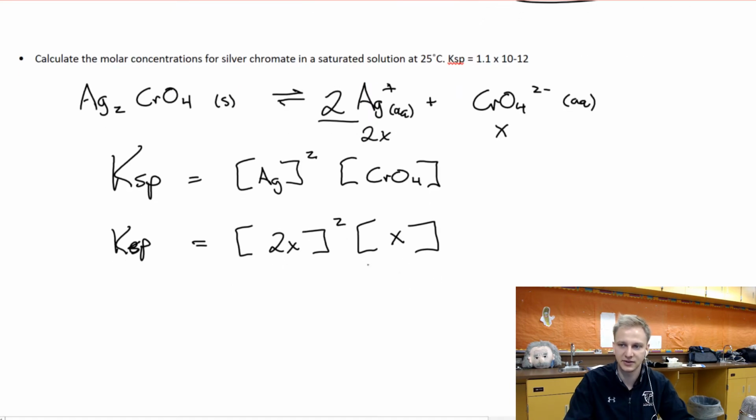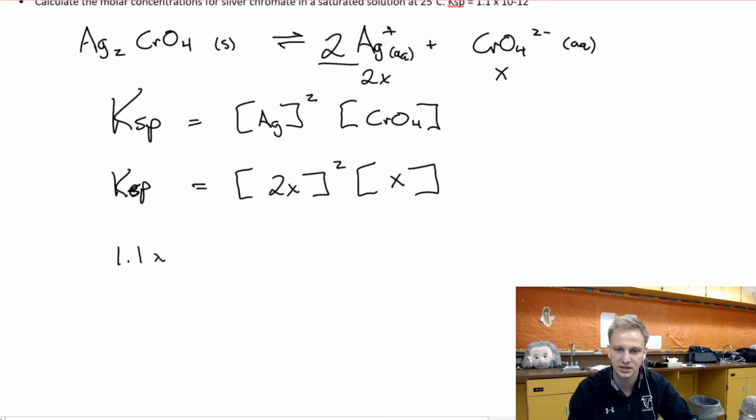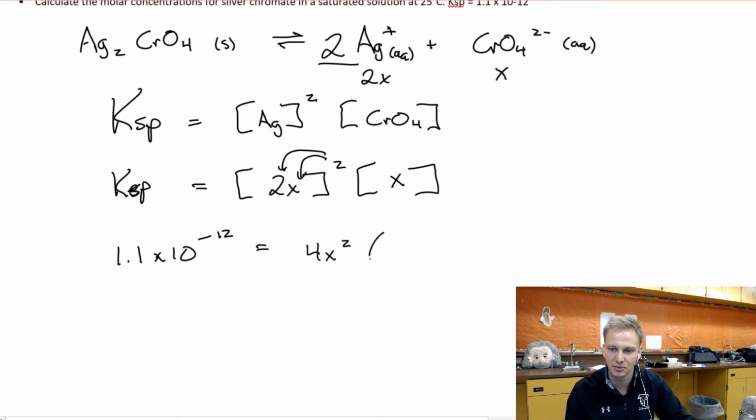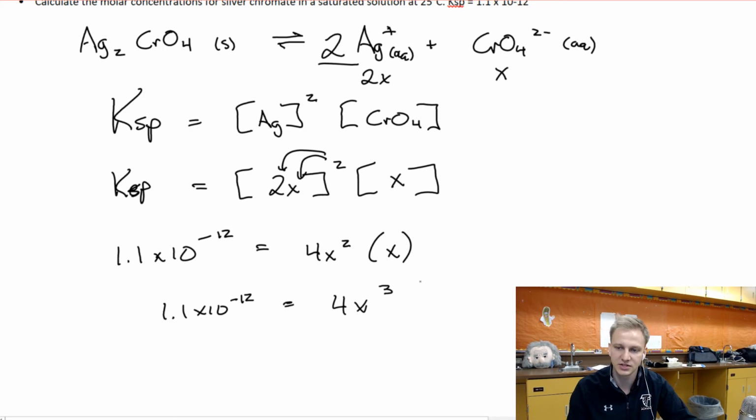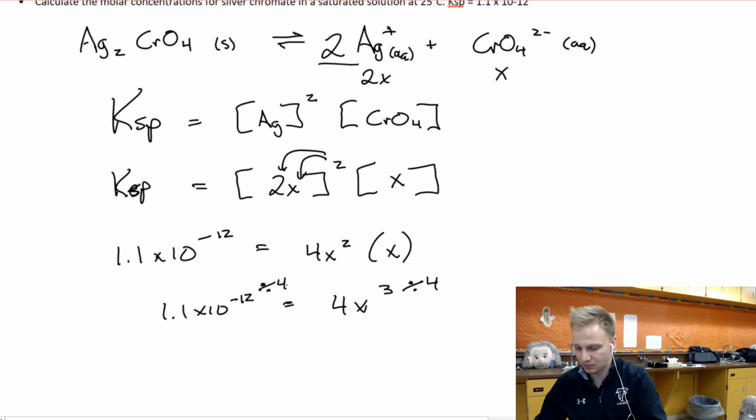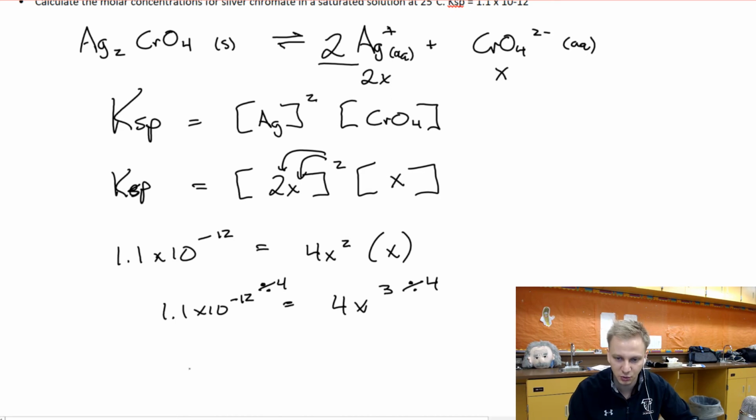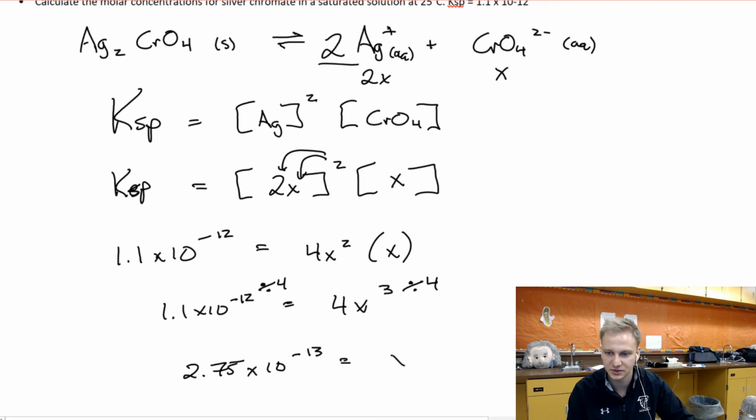And so now we can fill in that KSP number, where 1.1 times 10 to the power of negative 12 is equal to 2x squared times x. The 2 needs to apply to both the 2 and the x, so we end up with 4x squared, and we multiply that by x. So 1.1 times 10 to the minus 12 is equal to 4x cubed. To solve this, we divide by 4 first. 1.1 times 10 to the power of negative 12 divided by 4 gives us 2.75 times 10 to the minus 13, and that's equal to x cubed.